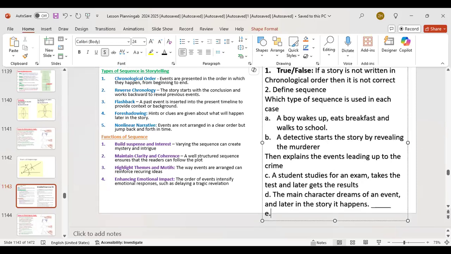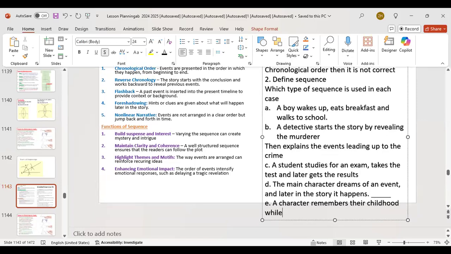And E, a character remembers their childhood while sitting in a park. Okay, I'm finished. You finished? All right, put your answers inside the chat for me, please.